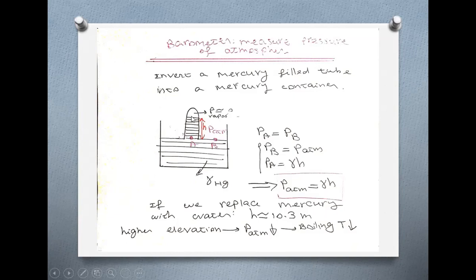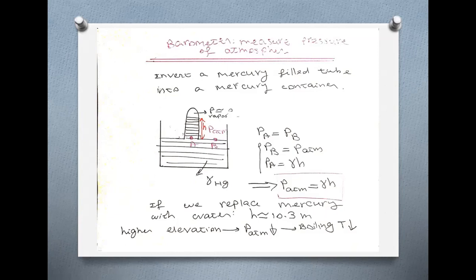The molecules are free to fill this space, but the pressure is really, really small. It's negligible compared to the weight of this fluid. So basically, the weight of this fluid, which is gamma H, is the pressure at B, and that's how we measure the pressure of the atmosphere.